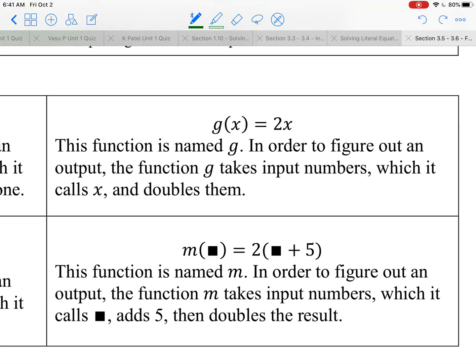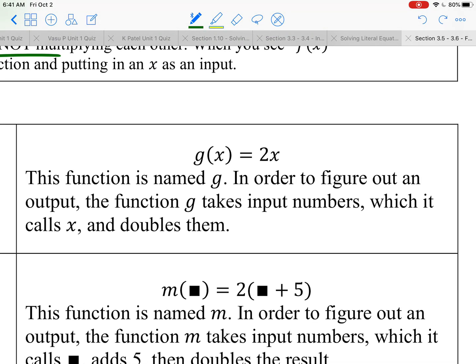Okay, so that's a function right there. g of x equals 2x. So g is a function. The name of the function is g. It takes inputs, which it calls x, and then what does it do to its inputs here? If you look at the rule here, it says 2x, so it's doubling the inputs.